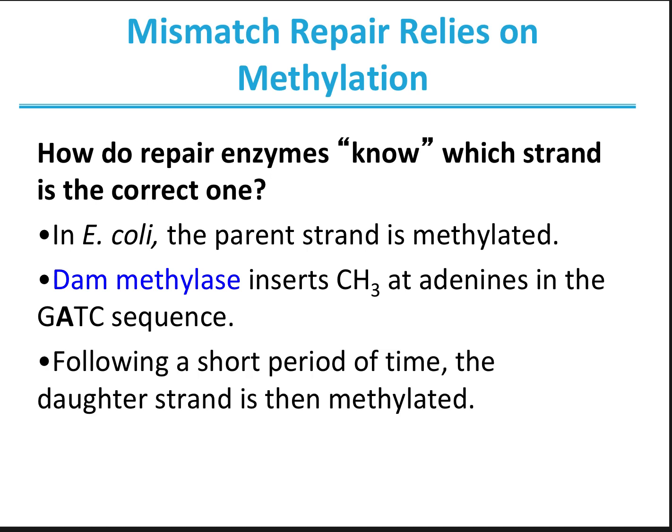Following a short time after the daughter strand is synthesized, it becomes methylated by this DAM methylase. And so immediately after DNA replication, that daughter strand is unmethylated, and that is how the cell can identify the correct nucleotide from the incorrect.